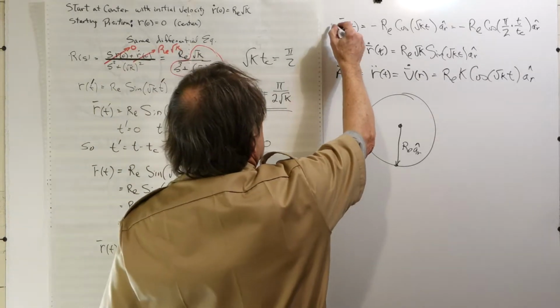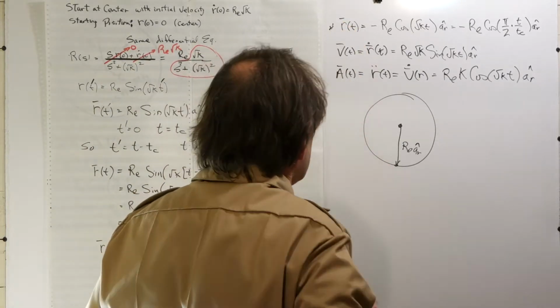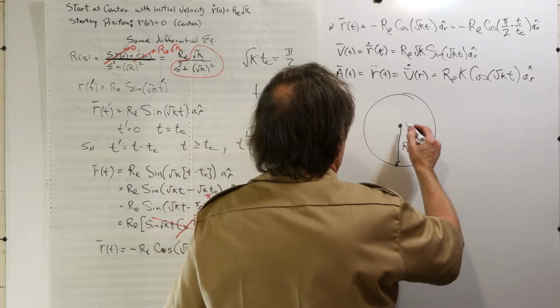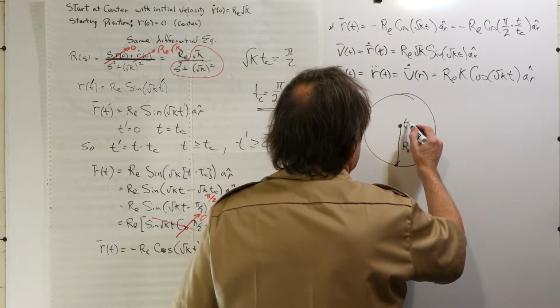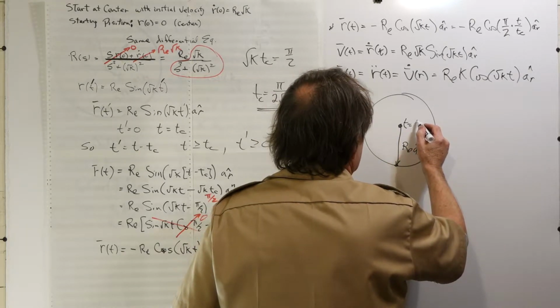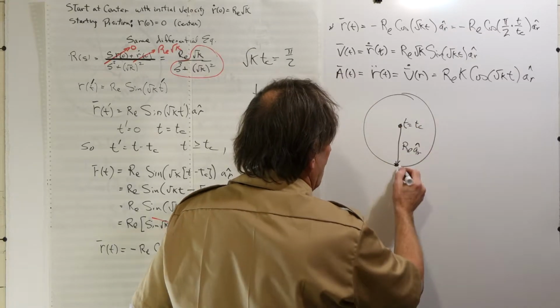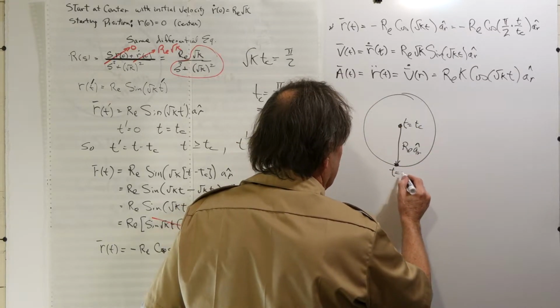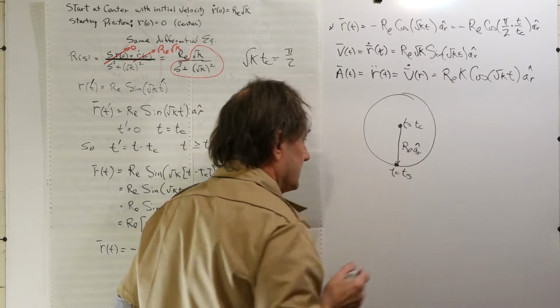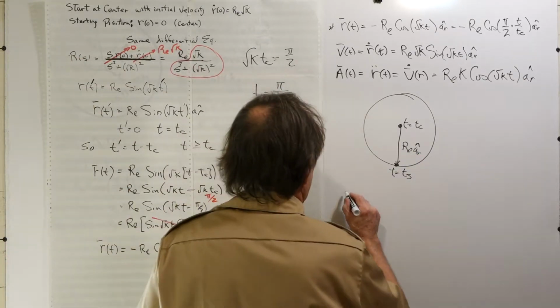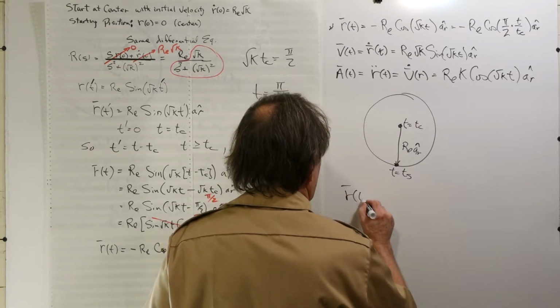So using this equation here, we're going to solve for the time. Remember that time here at the center, t is equal to t_c. So we want to ask, what is the time to get to the surface? I'll call that t_s.